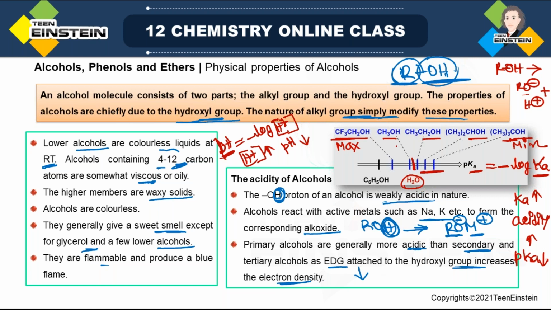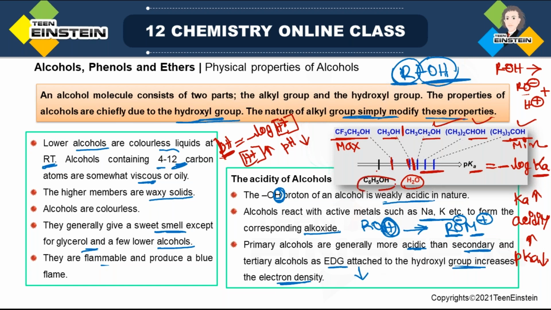So it means the acidity of water will be in between these two. If you move towards methanol and CF3CH2OH, these two are more acidic compared to water, but these three are less acidic compared to water. Right? So this line is for methanol, this one is for CF3CH2OH.